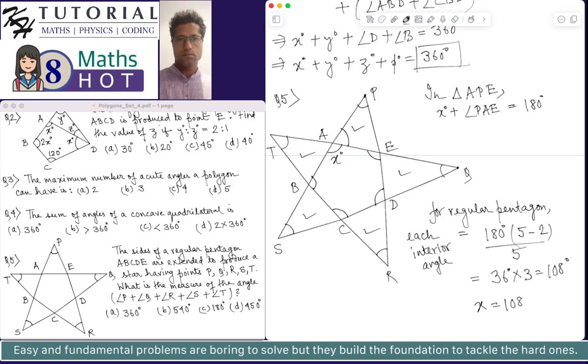This will be the same for all the triangles formed at every side of the pentagon, since it is a regular pentagon.